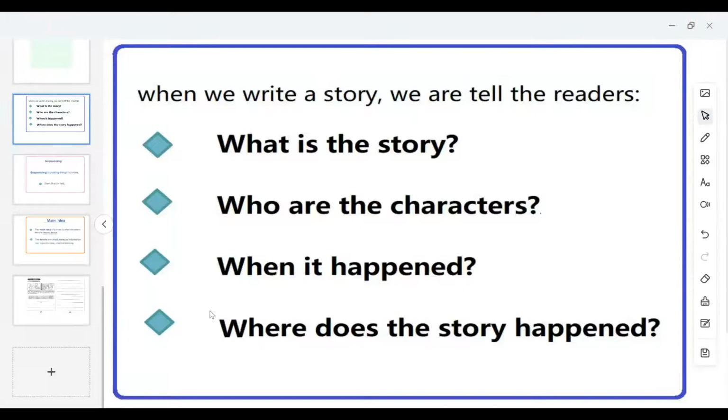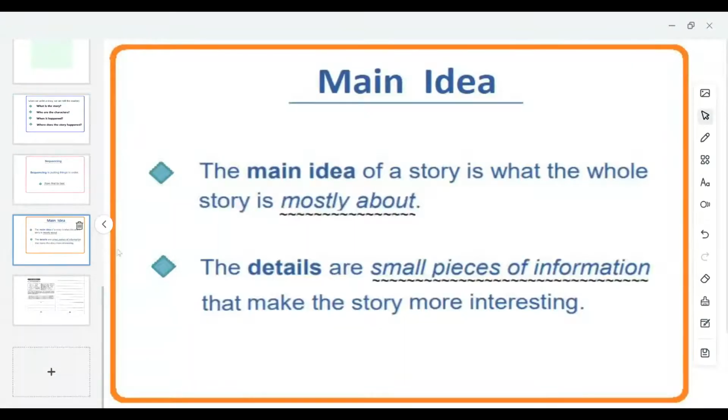Second, we also need to remember today we learned main idea.